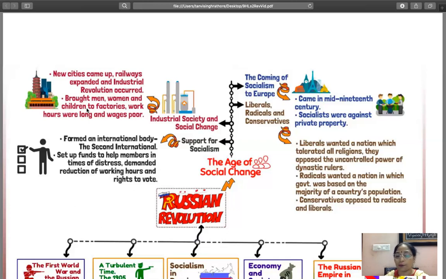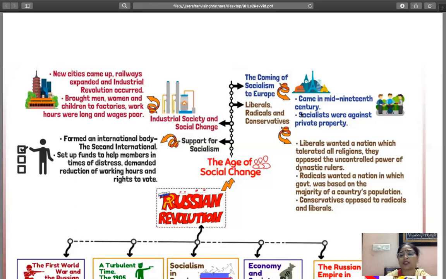Actually, proper and equal sharing of the profit should be done, because the profit which comes to any industry is not only because people have invested money, but even the workers participate equally. So there should be equal distribution of the profit. This was the basic idea and concept.